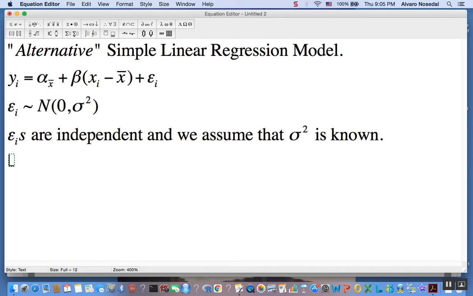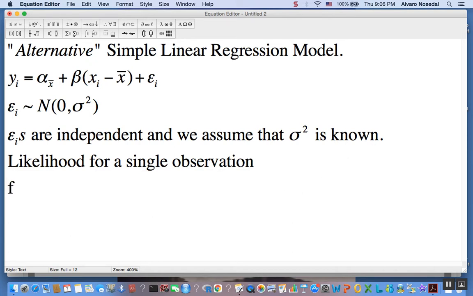Now let's try and construct the likelihood function for this model. Likelihood for a single observation.